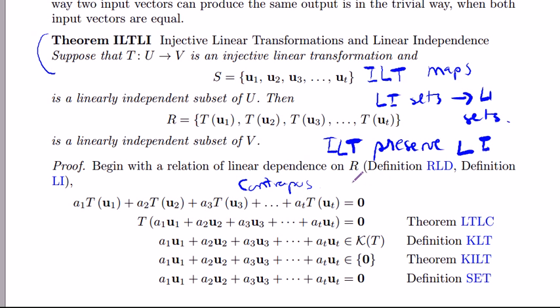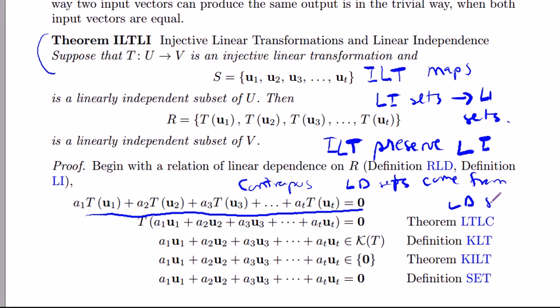If you have a non-linearly independent set, that is a linearly dependent set, then linearly dependent sets come from linearly dependent sets. Here it says linearly independent sets map to linearly independent sets. If you think of that in the backwards direction, that says that linearly dependent sets come from linearly dependent sets. So that's what he's going to do here.